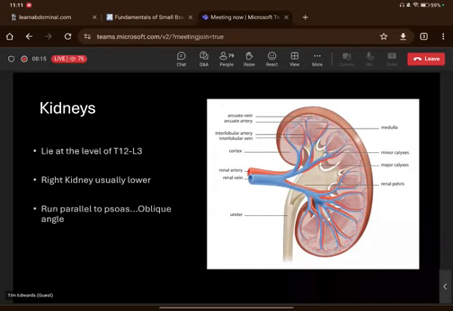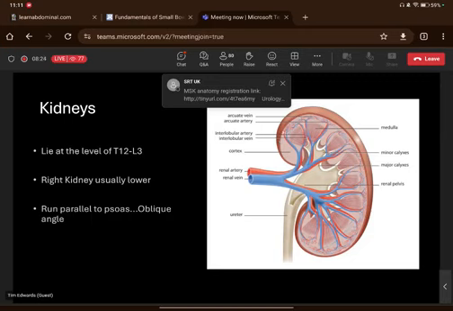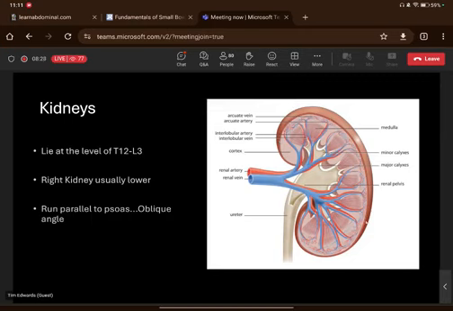On this schematic diagram, we can go posteriorly, laterally, and work our way in. You've got a renal capsule that surrounds the kidney laterally. As you come in, you move into the cortex, which contains the arcuate vessels, which we will speak a bit more about.